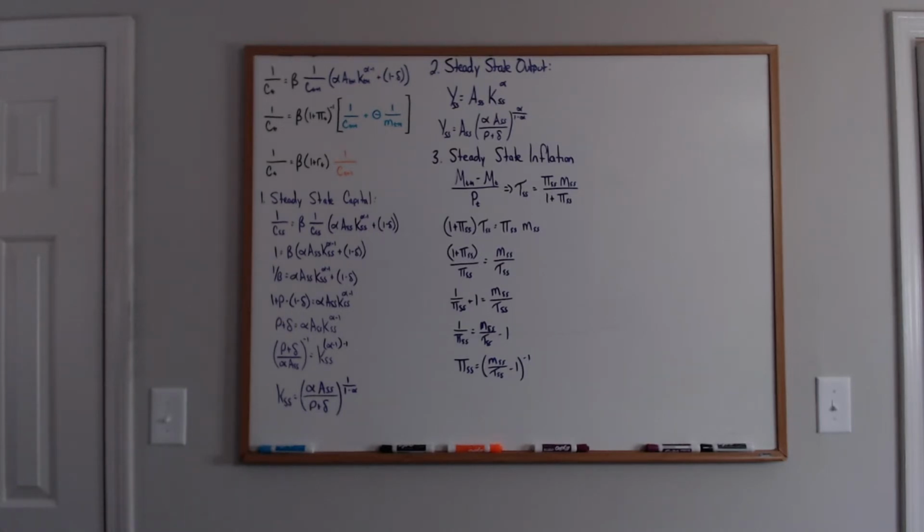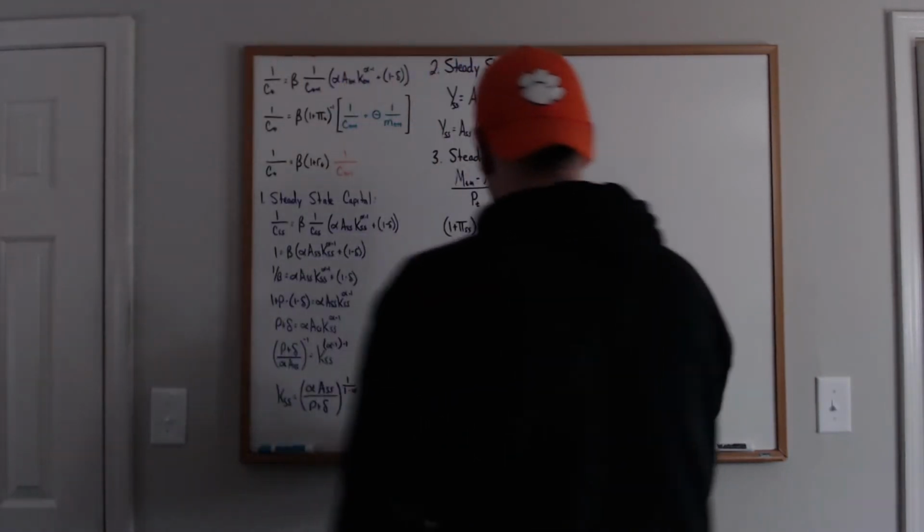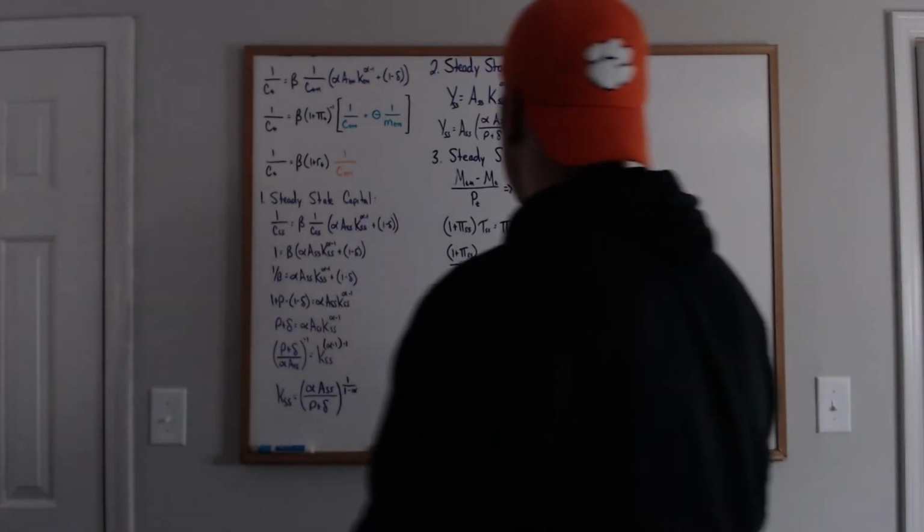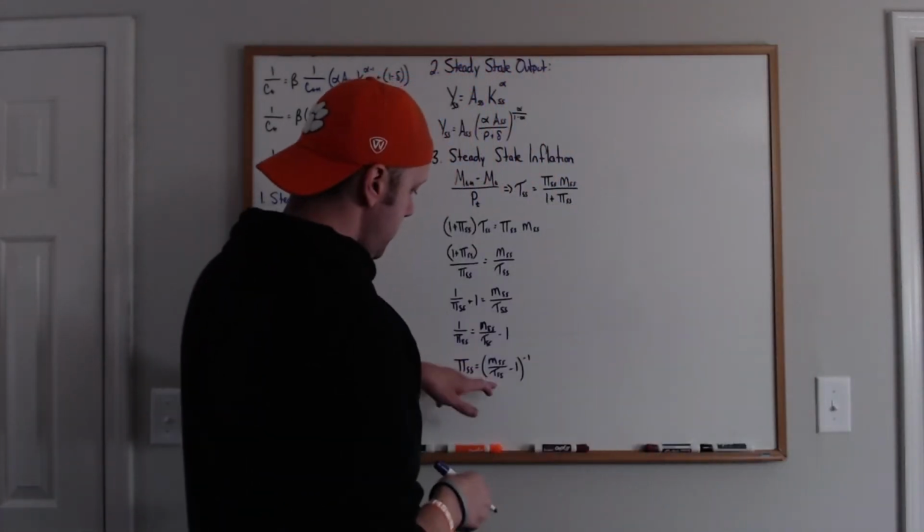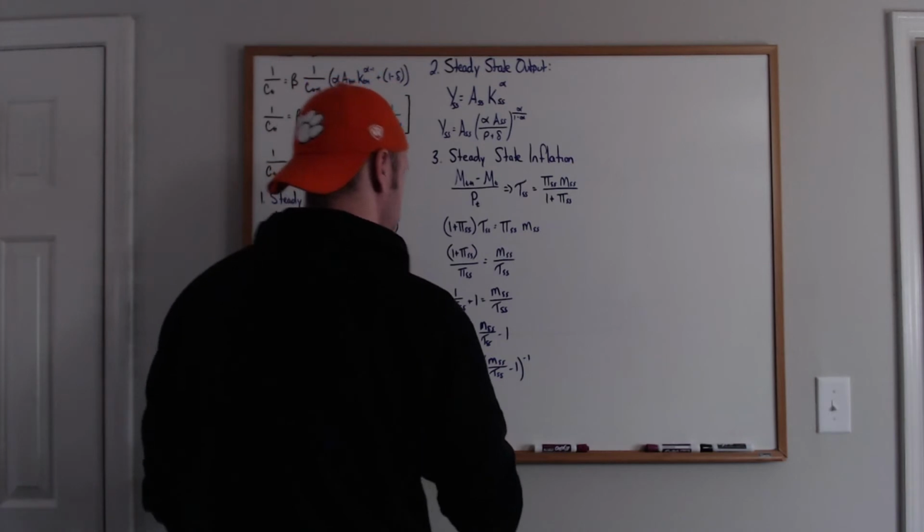So it's 1 over all that stuff. Well, what does that mean? Well, what this tells me is that inflation is determined by money balances and by transfers.